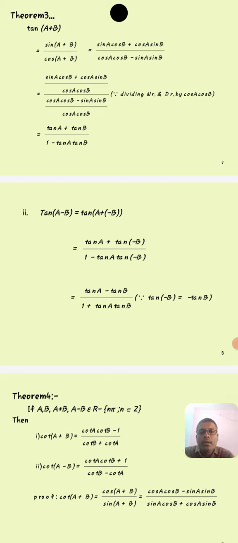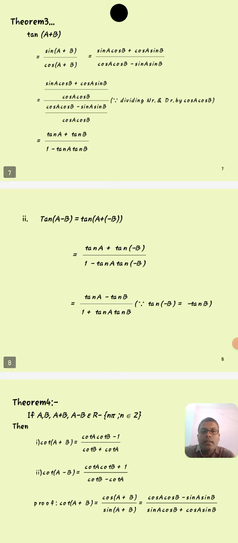We know that one condition is there, tan of minus theta is equal to minus tan theta. So using that condition, tan of minus b is equal to minus tan b. So finally we get tan of a minus b is equal to tan a minus tan b divided by 1 plus tan a into tan b.